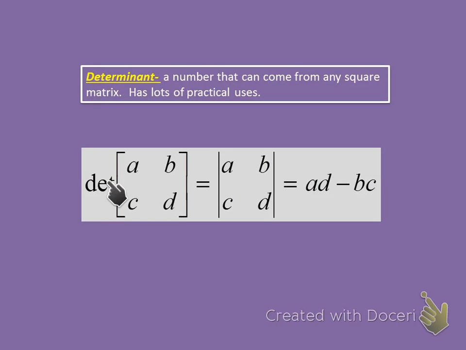One of the ways is with the abbreviation DET in front and just normal brackets around the 2 by 2 matrix. The other way is with just the 4 elements normally written out, but vertical lines surrounding it.